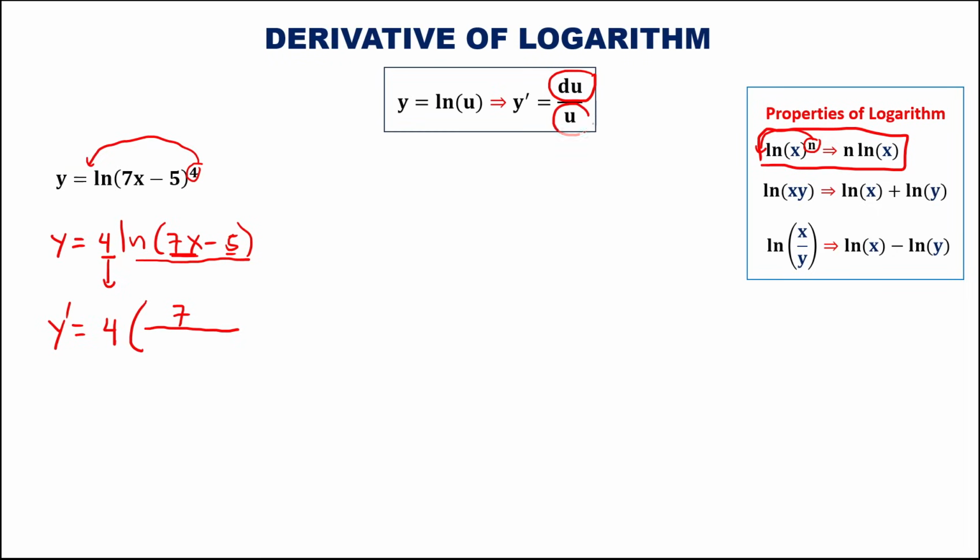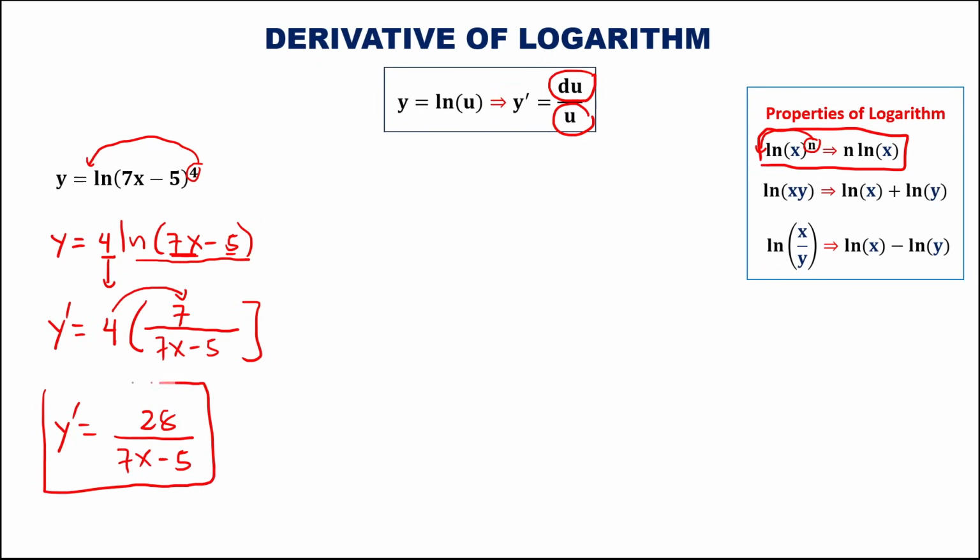Then over u, and u is 7x minus 5. Then to simplify, multiply this 4 to the numerator. So 4 times 7, this one is 28. Then copy this 7x minus 5. So this is now the derivative.